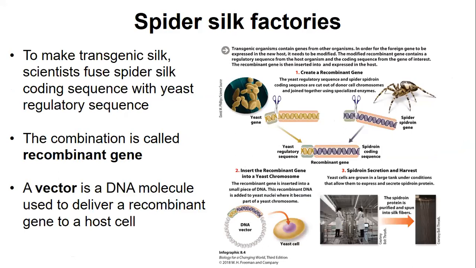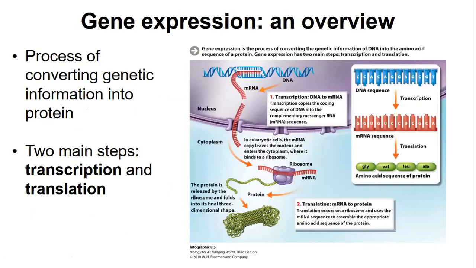So to make this transgenic silk, scientists fuse the spider silk coding sequence with the regulatory gene. That's what I was saying here. The combination, I already mentioned, this is just additional bullet points, recombinant gene. And in here, we're talking about the vector, the DNA molecule used to deliver the recombinant gene into the host cell, in this case, yeast.